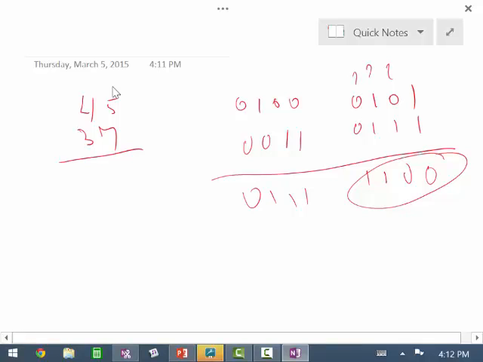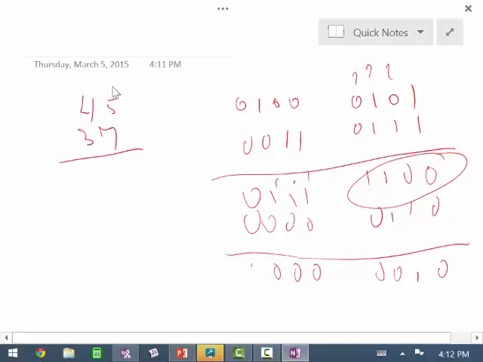As soon as it says that that's an illegal number, it knows to add 6 to it. When I add 6 to that, I get 0, 1, 0, 0, right? I carry a 1, I get a 0, carry a 1, 0, carry a 1, I get a 0, I get a 1. I now have 82, which is the correct answer.